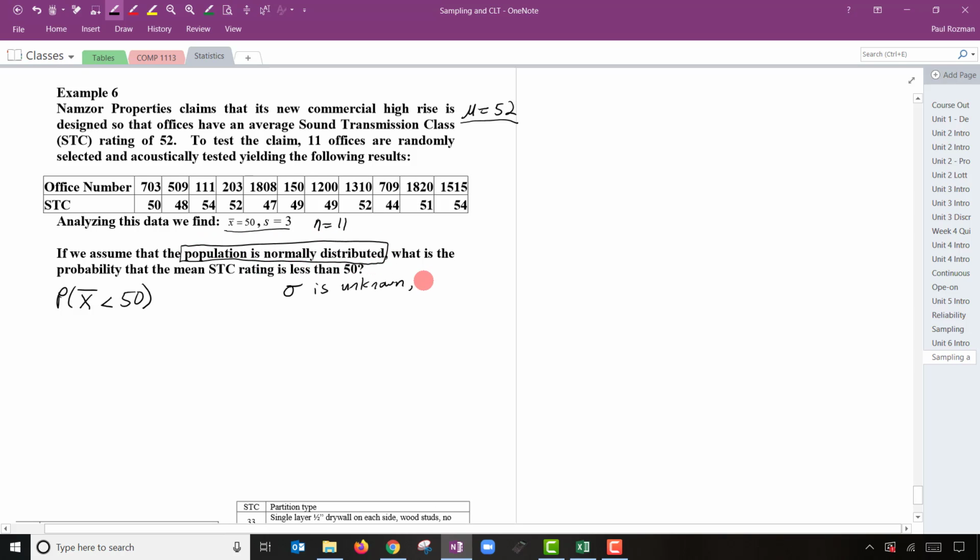That's good to know. N is small. We were really lazy; we only went to 11 offices. It's under 30. So we would be in trouble. This is the case that we might not know how to do if they hadn't told us that the population is normal.